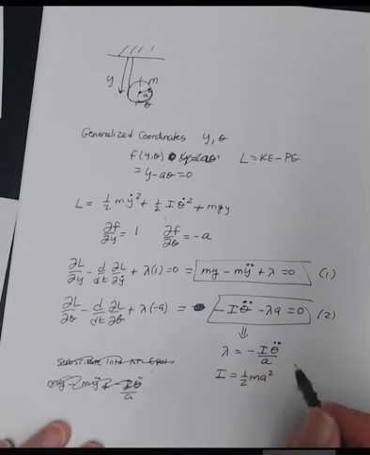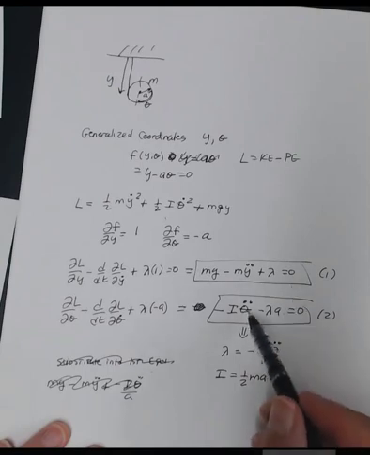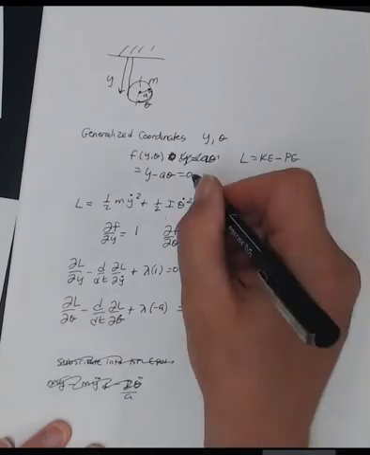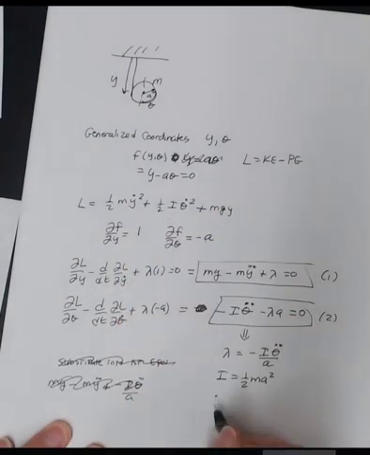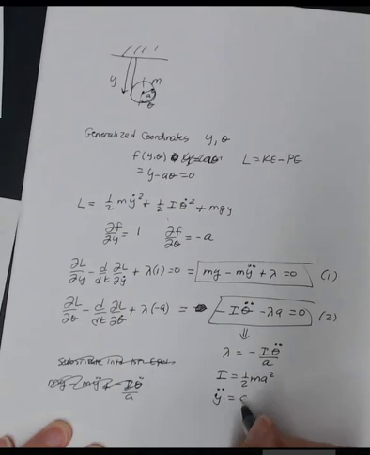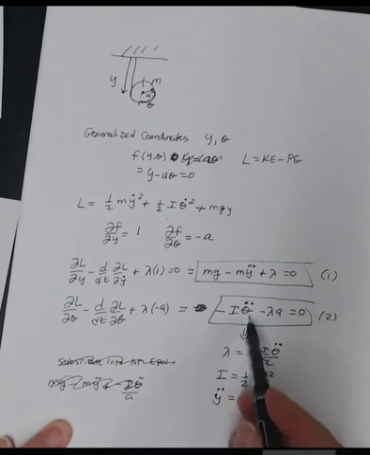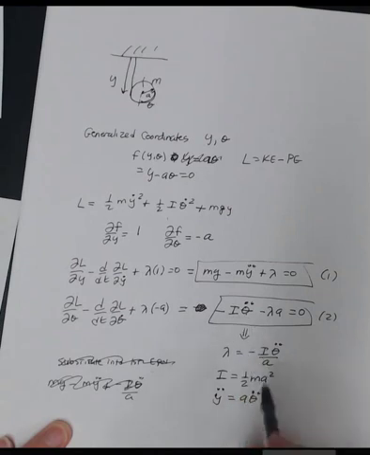What else could I do? Also, since I have that equation of constraint up here, y minus a theta is 0, y double dot is a theta double dot, right? So now I can use that if I wanted to, just to replace this theta double dot with y double dot over a. So I get lambda is negative 1/2 m a squared over a and y double dot over a.